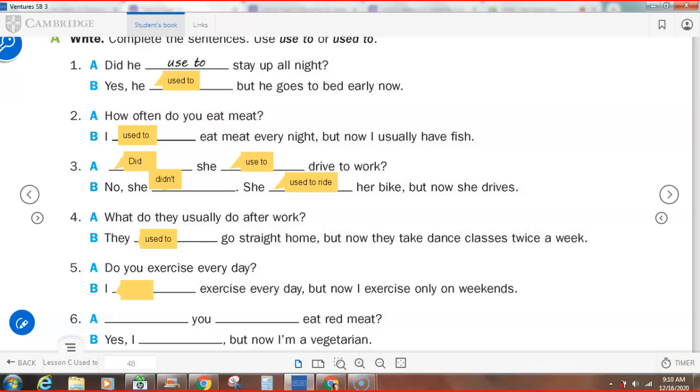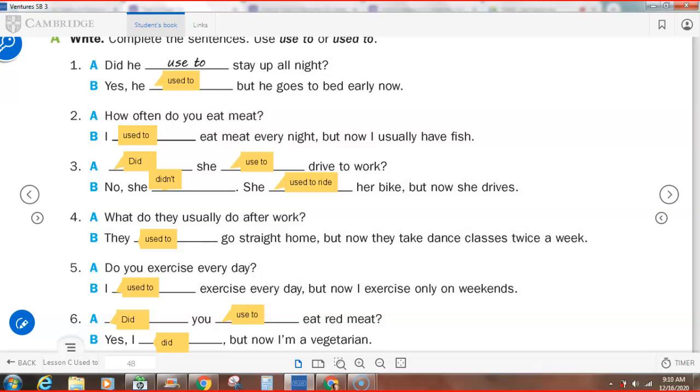I used to exercise every day, but now I exercise only on weekends. Good. Did you used to eat red meat? D or no D? No D. Good. Yes, I did. But now I am vegetarian.